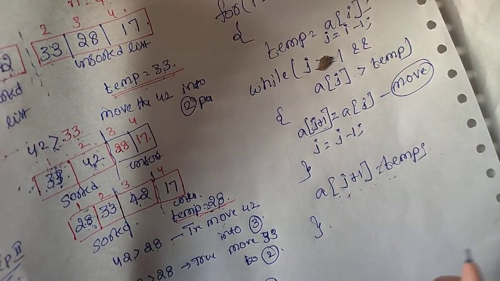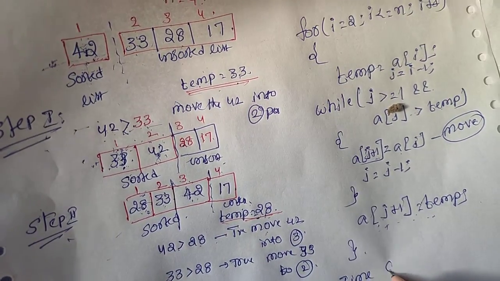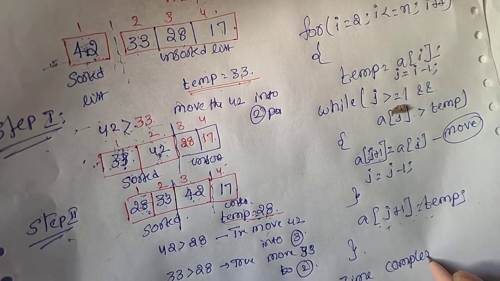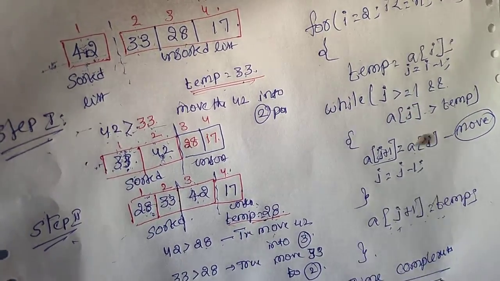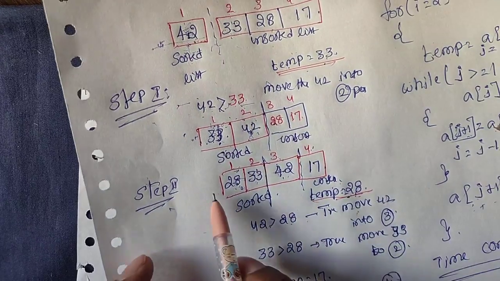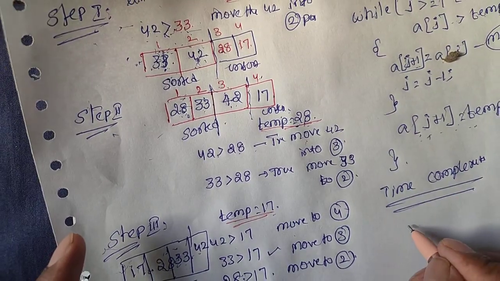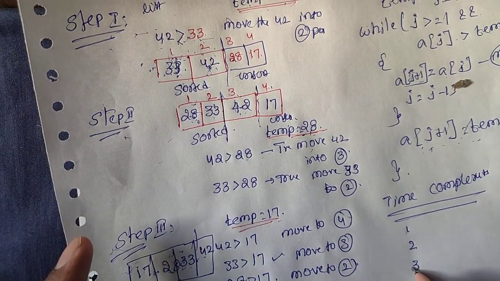And one more thing here, if you want the time complexity, the same process: how many moves are there? In step 1 there is 1 comparison, in step 2 there are 2 comparisons, in step 3 there are 3 comparisons. That means first step, second step and third step.